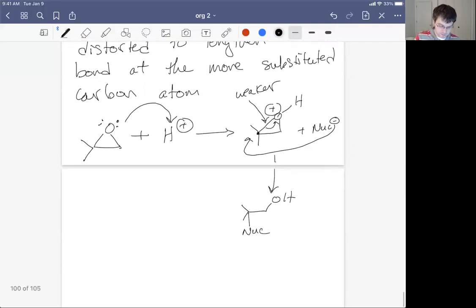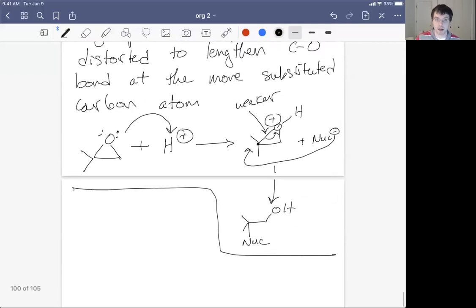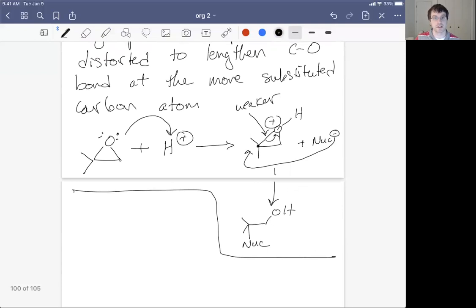So a way of thinking that's incorrect about why epoxides distort is to consider carbocation stability.